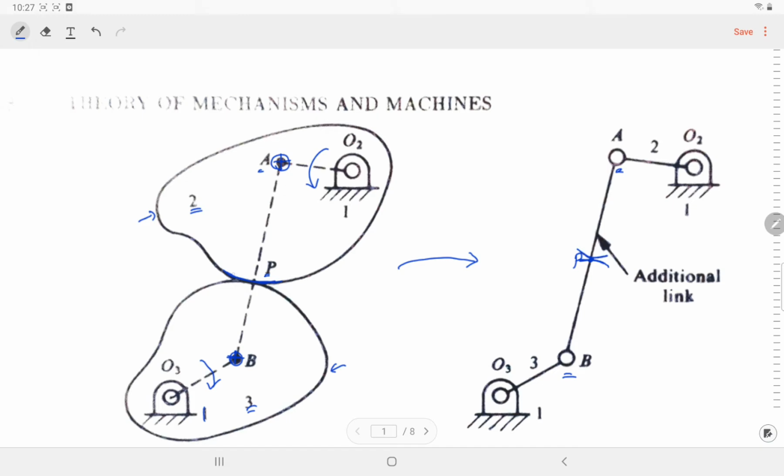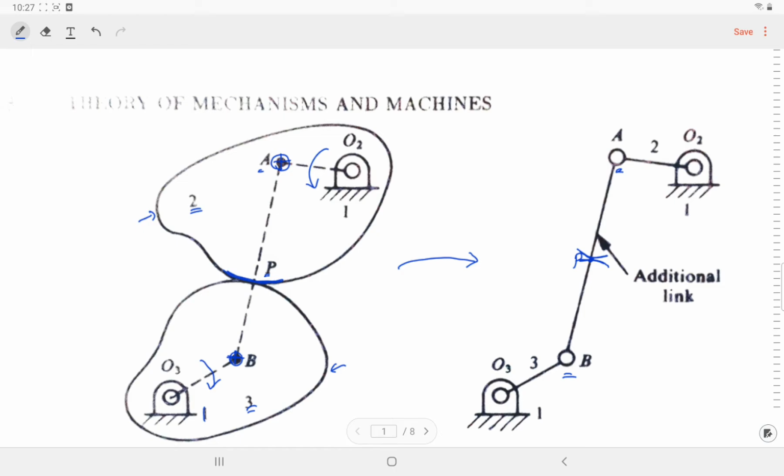That curve is nothing but this curve. So the same thing will be observed over here, and for that reason we can consider this an equivalent linkage.